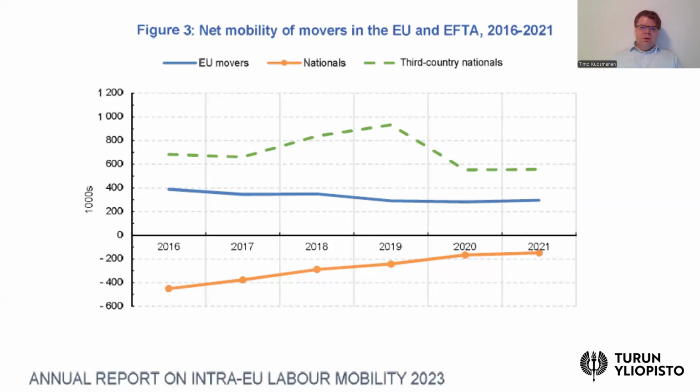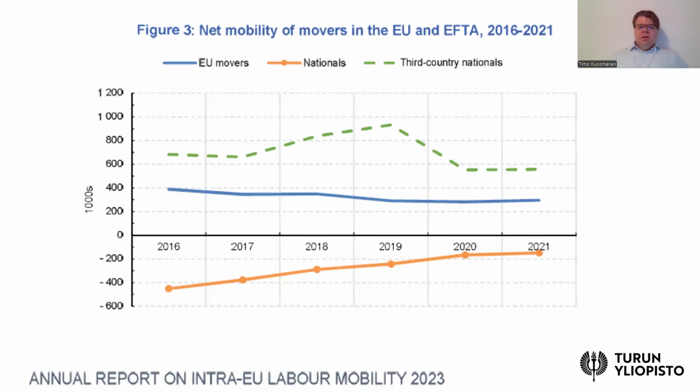Compared to the volume of the EU movers, the blue line, it has in most years been roughly double the size of the EU workers. So there is some labor mobility within the EU and EFTA countries, but the large volume of this migration and labor mobility actually comes from these third country nationals.